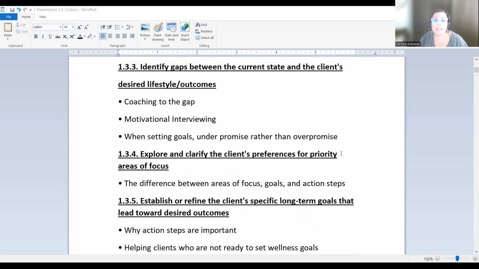And then identifying gaps between the current state and the client's desired lifestyle and outcomes, coaching to the gap, motivational interviewing.